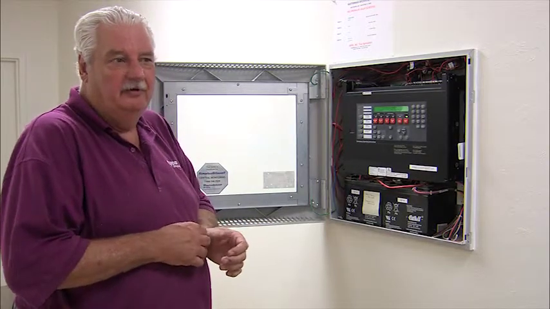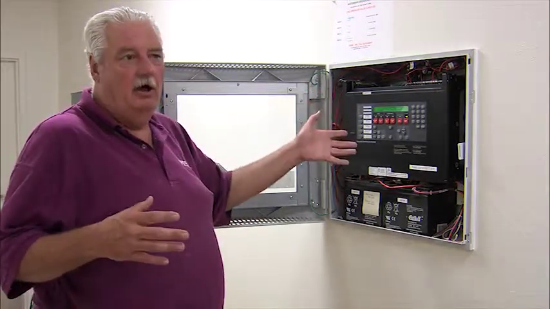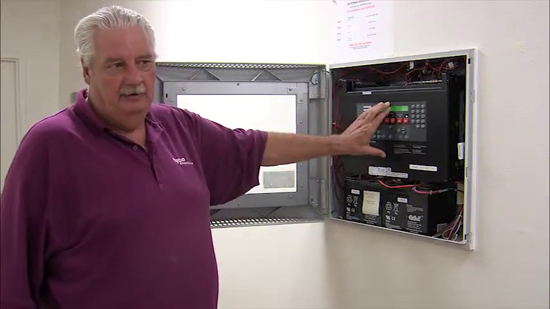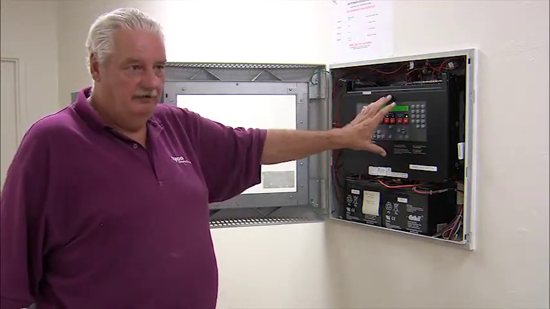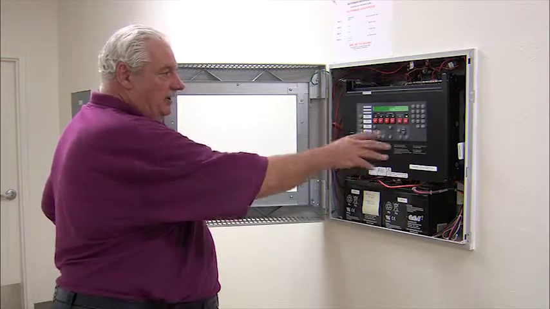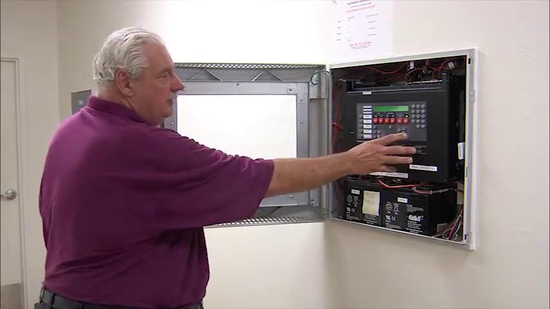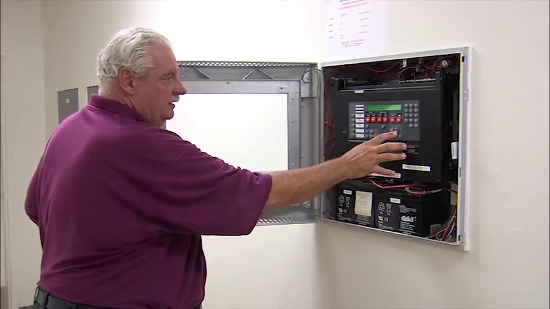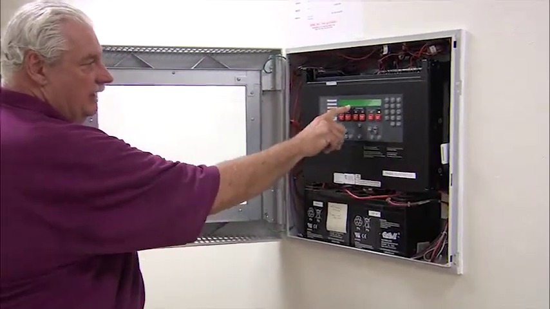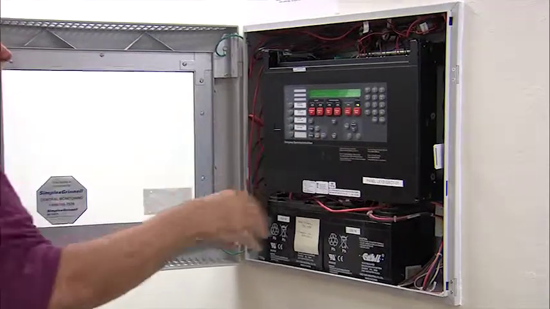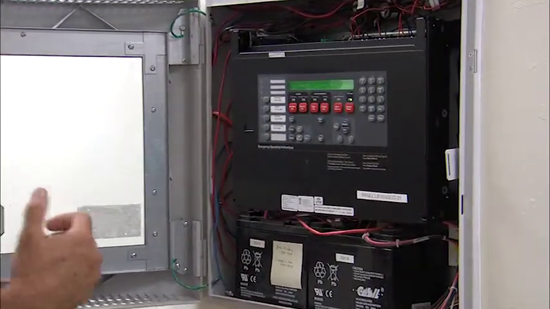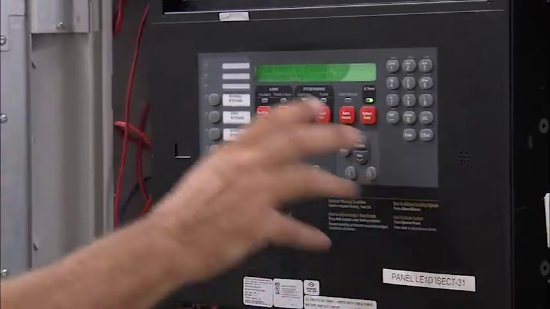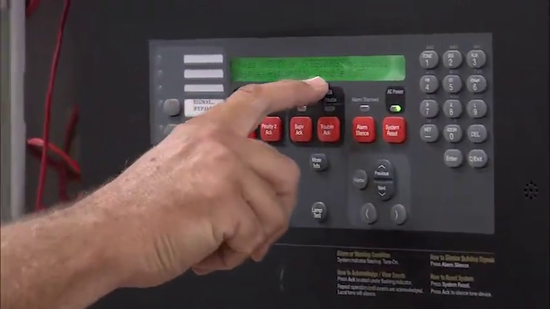If you get a call or somebody says the panel's beeping, and you come to it and it's not, there's a history buffer. Basically, if you press the menu, it's going to give you a bunch of screens. You press next, and you're going to hit a historical alarm log. The alarm log will be for an actual fire alarm, so you can see what device actually caused it. Then there's the historical trouble log.